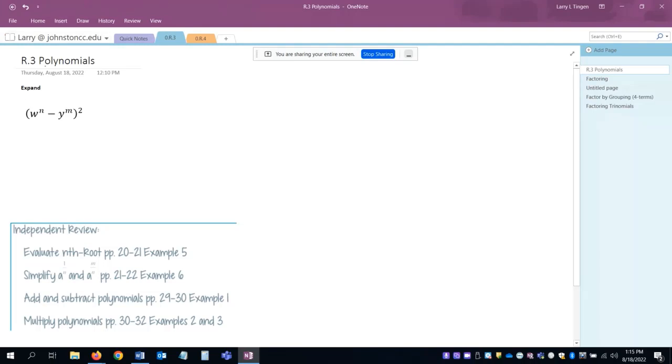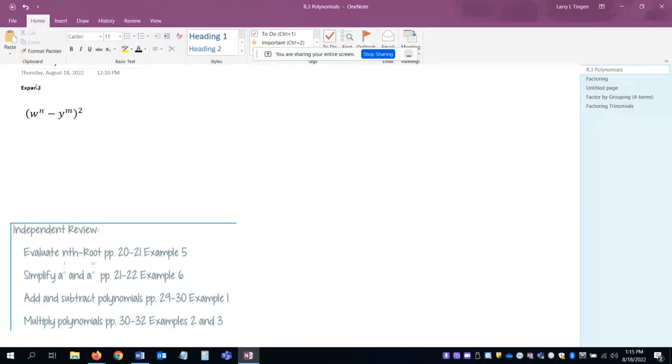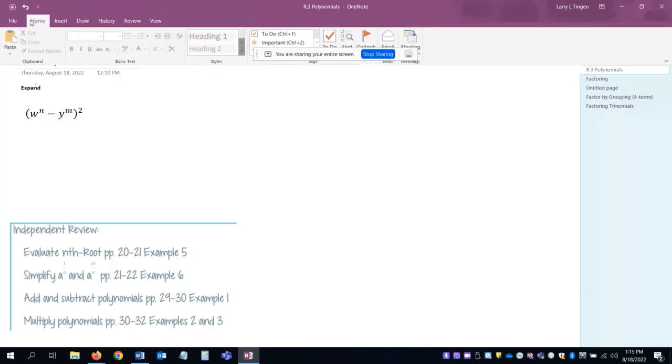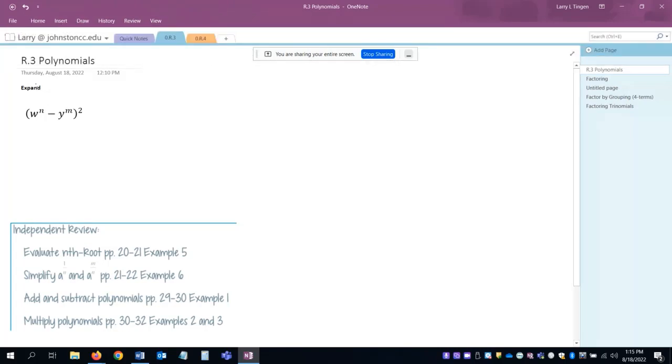What is that going to look like? Well, first off, let's make expand large so that everyone can read it and not just tiny ants. It's not going to let me. Okay. So anyway, expand this.